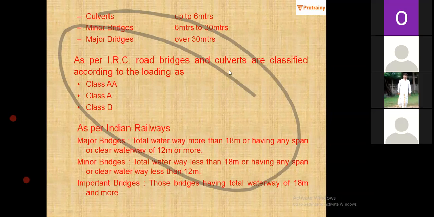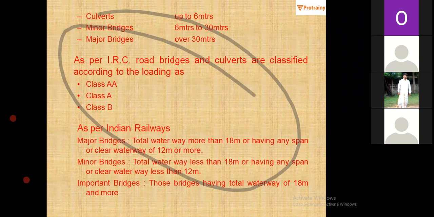As per IRC, road bridges and culverts are classified according to the loading as class AA, class A, and class B. So what kind of deck you are going to design depends upon what kind of load is coming over your bridge. So we have these three classes: class AA, class A, and class B.